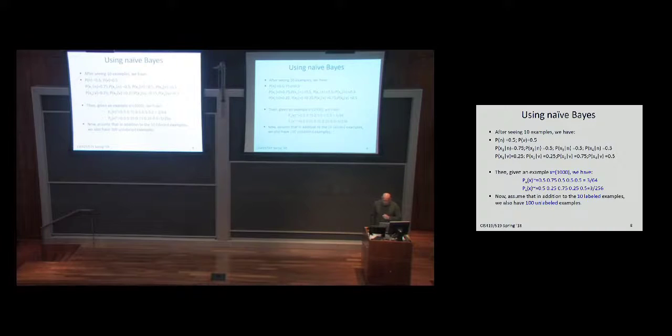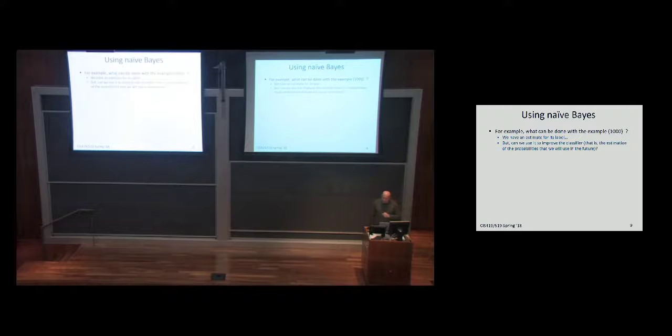We discussed this a little bit last time, and we converged to a couple of approaches. We can take each one of these examples and run the model that we learned on the 10 examples on them, and it will give us some predictions. So option 1 would be to make these predictions and believe them, annotate the 100 examples with them, and use it. That could be a solution, but maybe not the ideal solution.